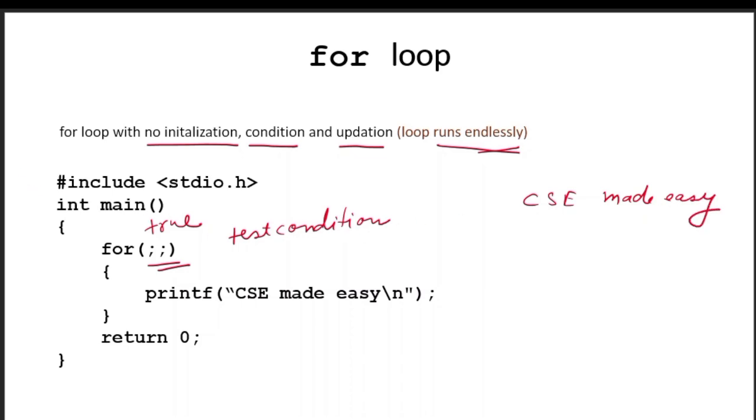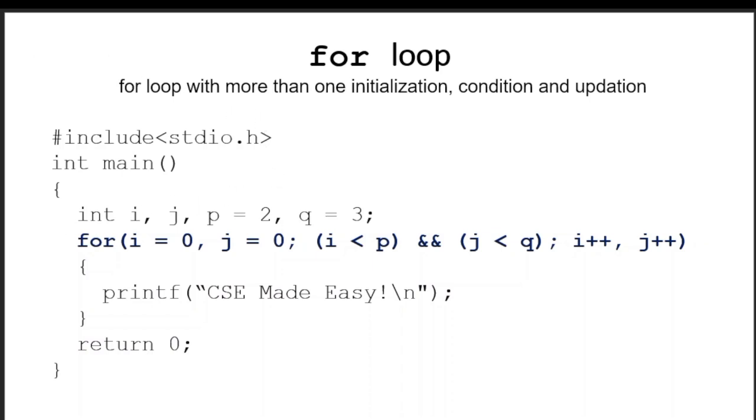This is one type. The other type is when in the for loop you have more than one initialization expression or more than one condition expression or more than one update expression. For example, here you can see we are using more than one initialization expression before this semicolon. So we are initializing two variables. Can we do it in a for loop? Yes, we can do it. Next is update.